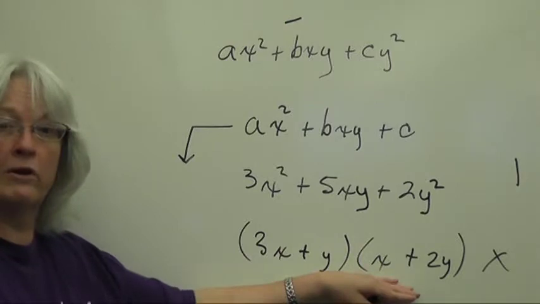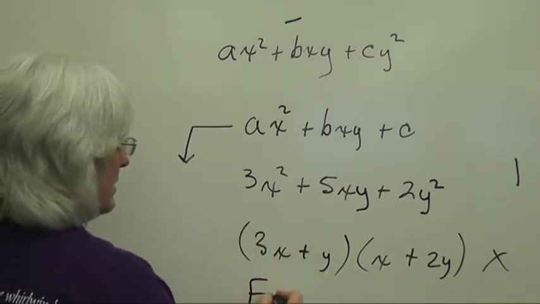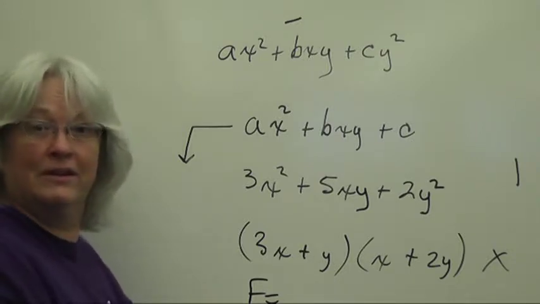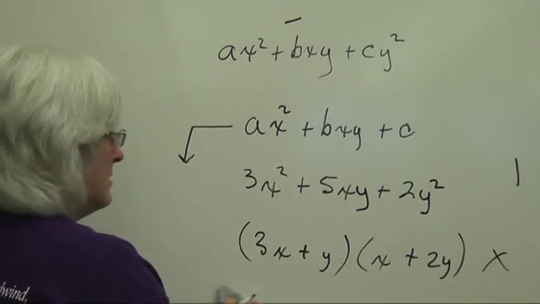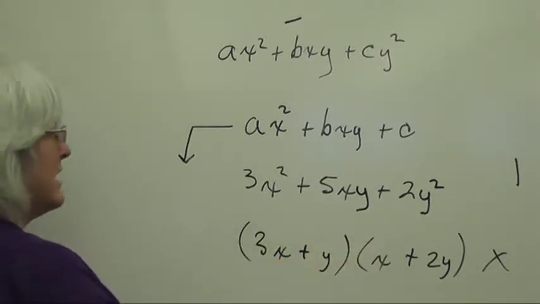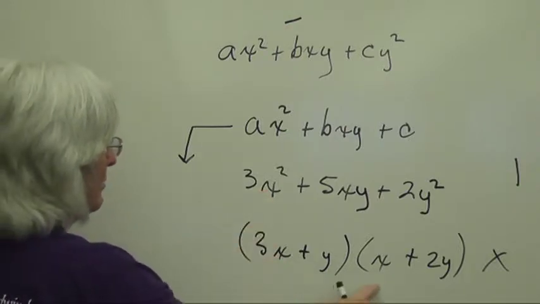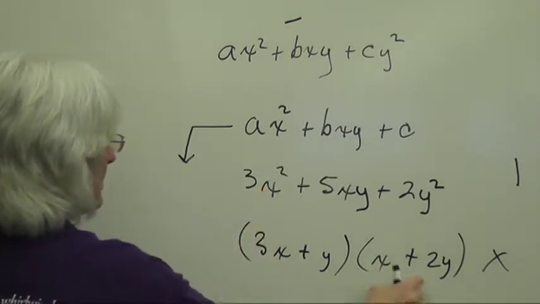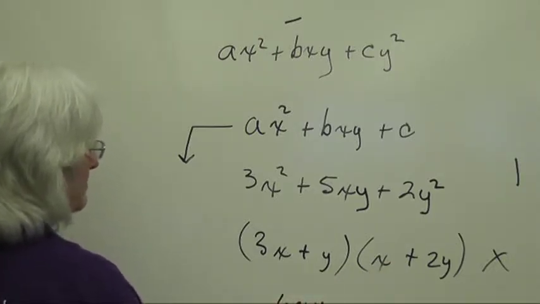For this to be the correct form, FOIL: our first product is 3x times x, which is 3x squared. The outer product, 3x times 2y, is 6xy.